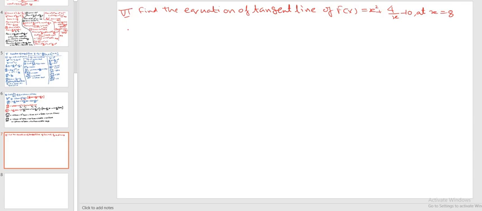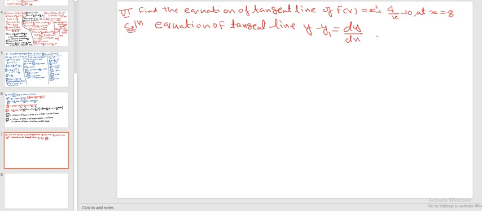So what we have to do? Equation of tangent line, that means we need to write a rule. The equation of tangent line will be y minus y1 is equal to slope at (x1, y1) into x minus x1.